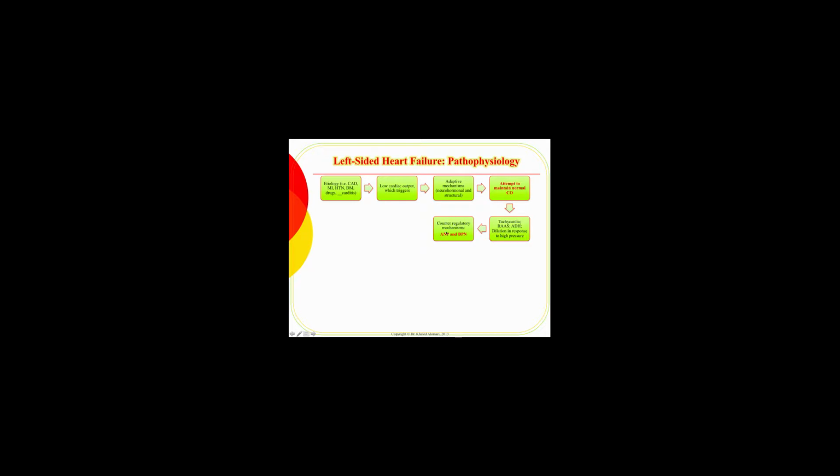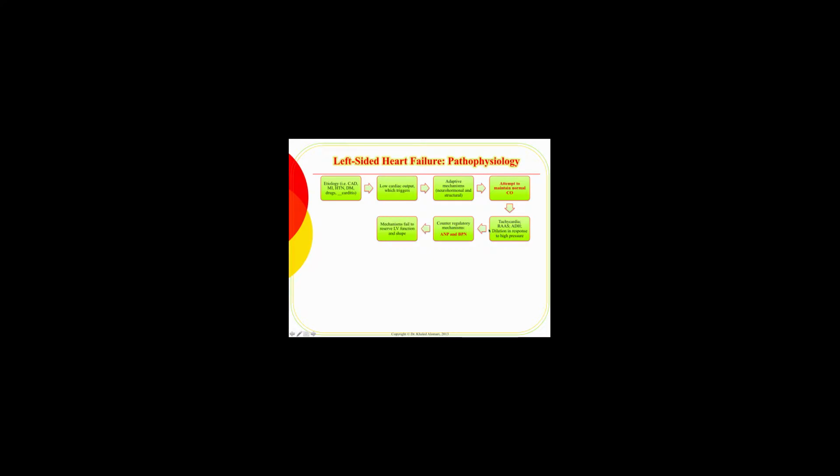So at that point, the ventricles will release ANP and BNP. We talked about this last time. These two peptides try to counteract this mechanism. ANP and BNP have a vasodilation effect. They try to relax the blood vessels and decrease the afterload, so they make it easier for the ventricles to push the blood.